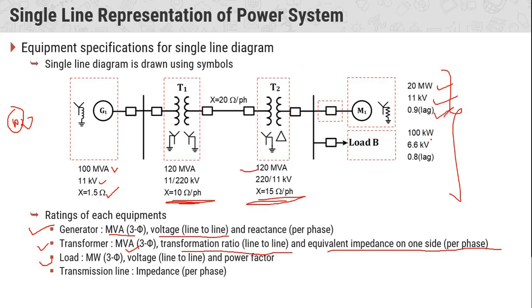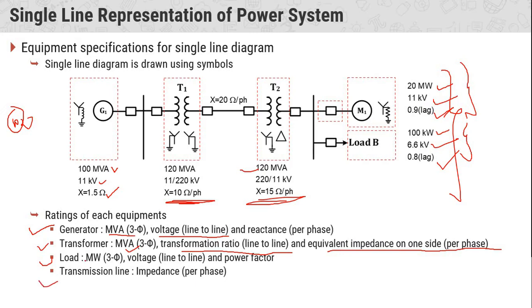Same for load B: its megawatt or kilowatt power rating, its voltage rating and its power factor. These three specifications for the load: megawatt, voltage line to line and the power factor.